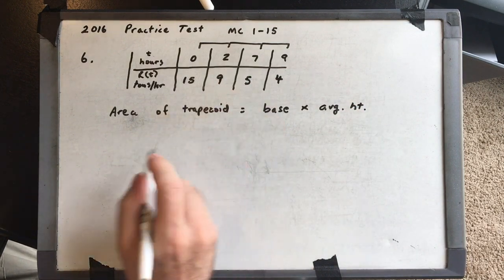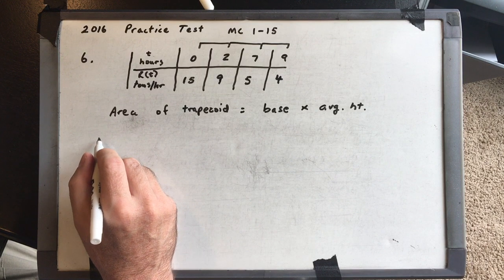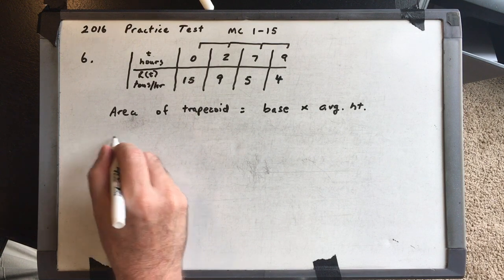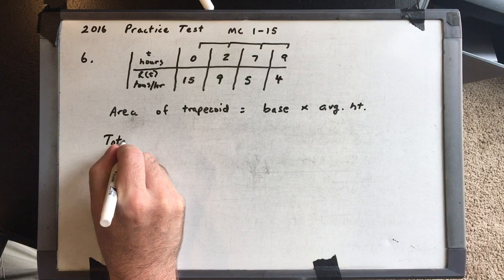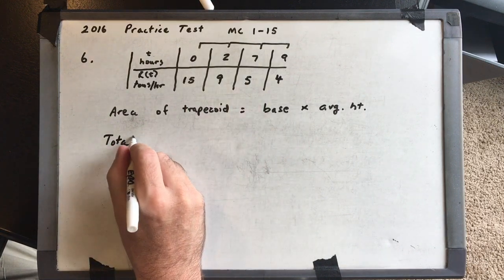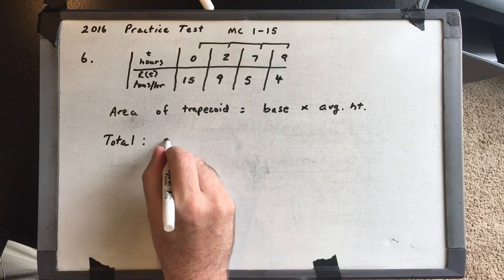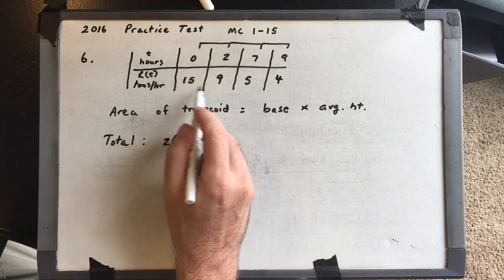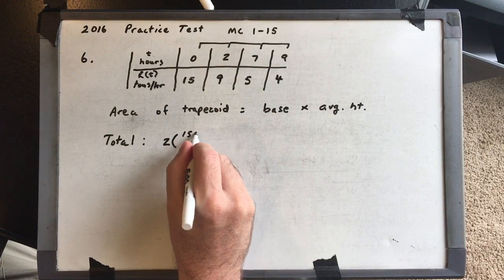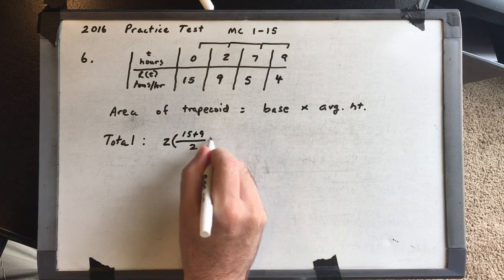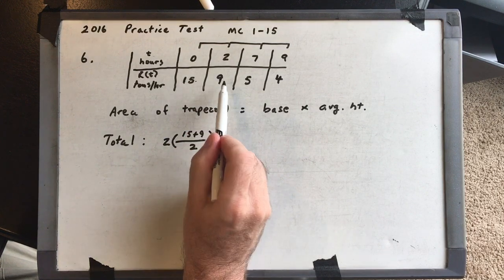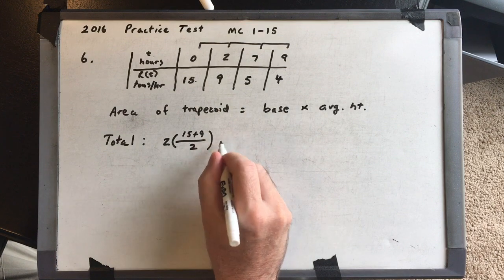So we're going to sum the areas up. The base for our first trapezoid is 2, 0 to 2, and then the average height would be 15 plus 9 over 2. 15 plus 9 divided by 2 gives us the average.